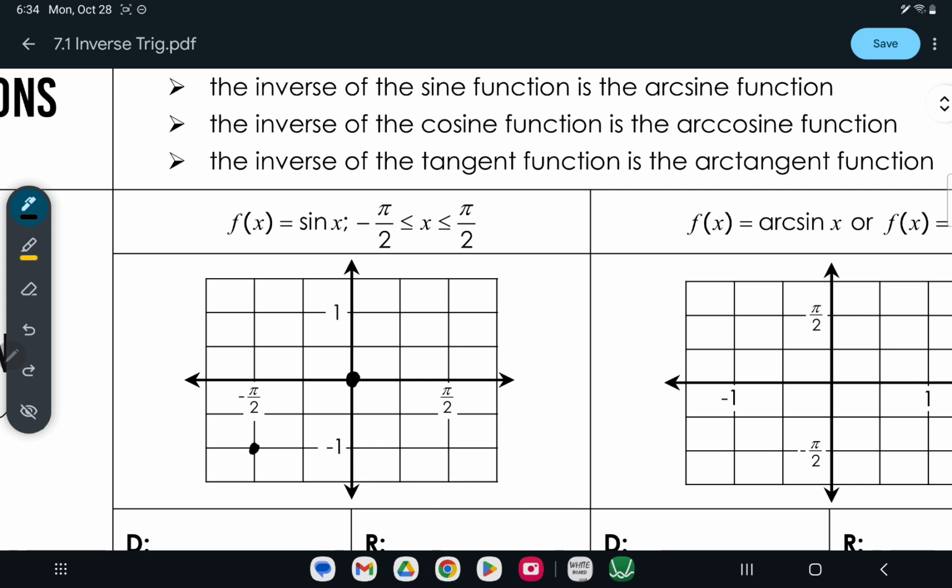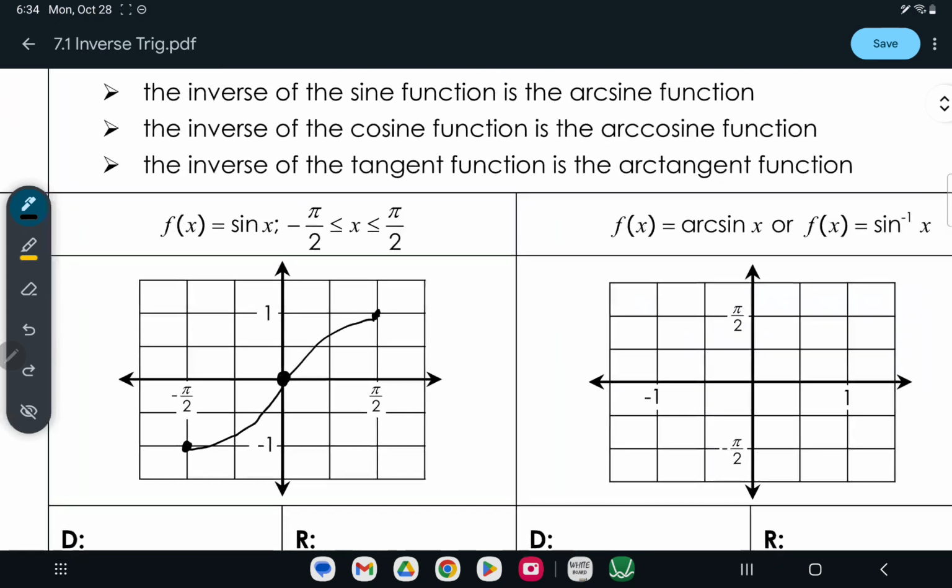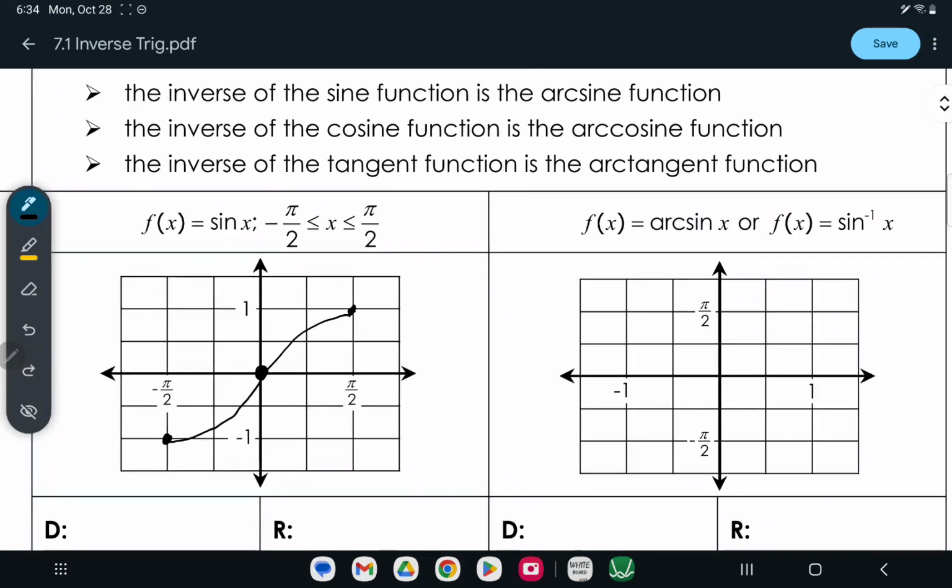And at pi over 2, sine is 1. So I kind of have this part of sine.